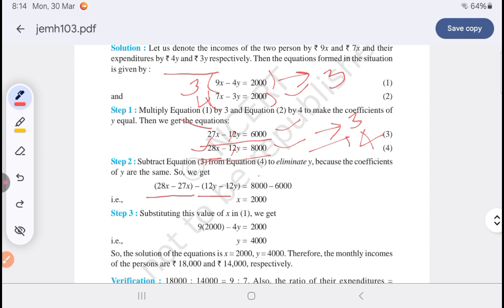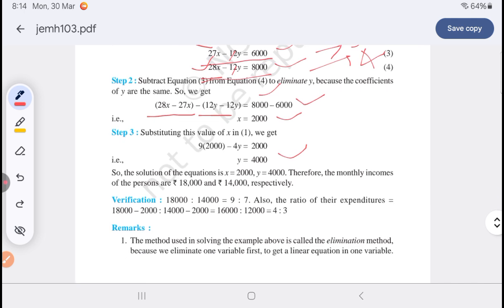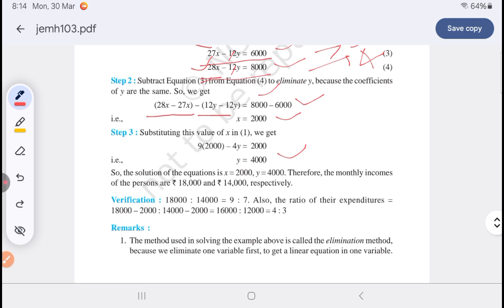So 8,000 minus 6,000. So you will get x equal to 2,000. Then substitute the value of x in any of the equations, equation 1, and you will get y. So x is equal to 2,000 and y equal to, therefore the monthly incomes are like this, and this one.